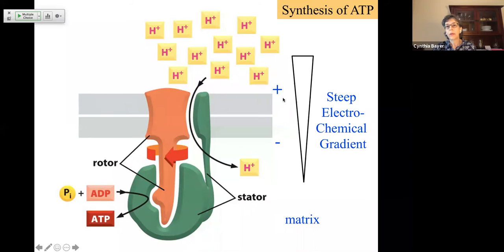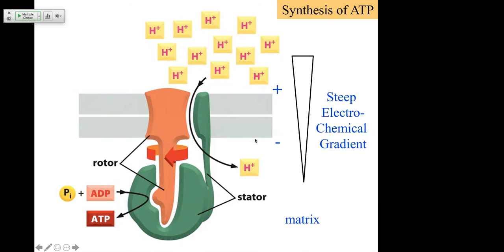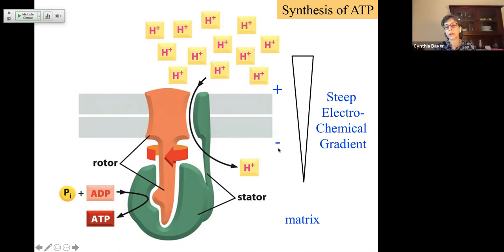And so along with the chemical gradient and the fact that this membrane has more negative charges on the matrix side than it does on the intermembrane space side, this is a very steep gradient, which means it's a very strong force, right? The potential energy of this movement, the potential for these protons to move, is great. And that movement results in the synthesis of ATP.